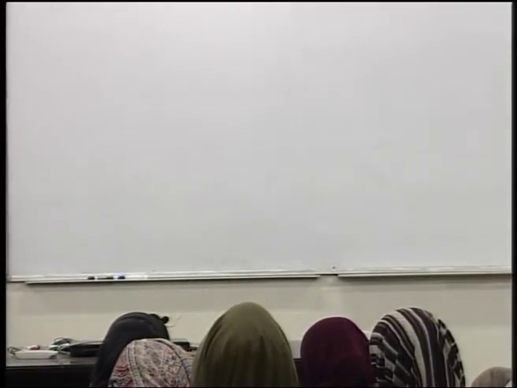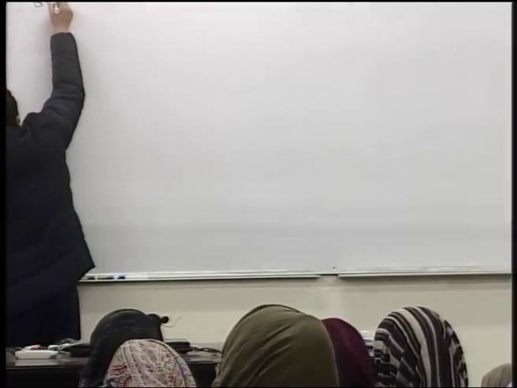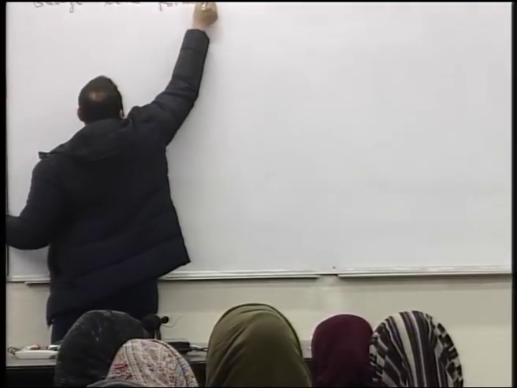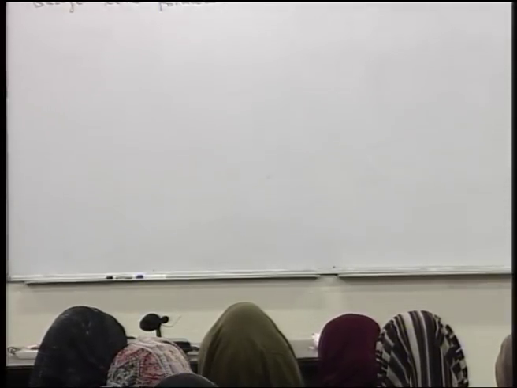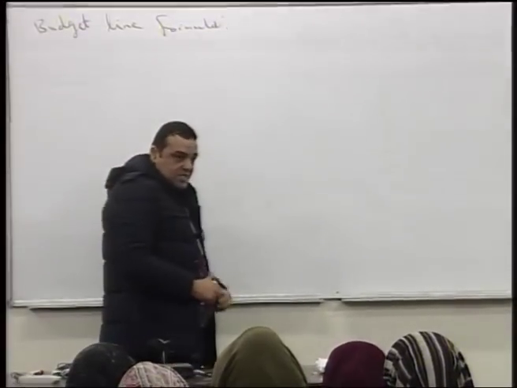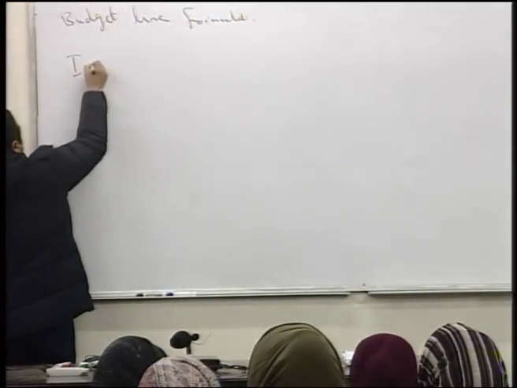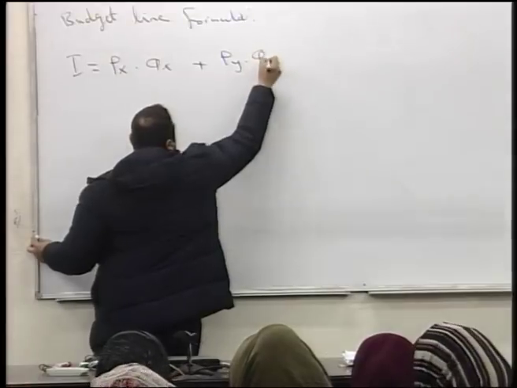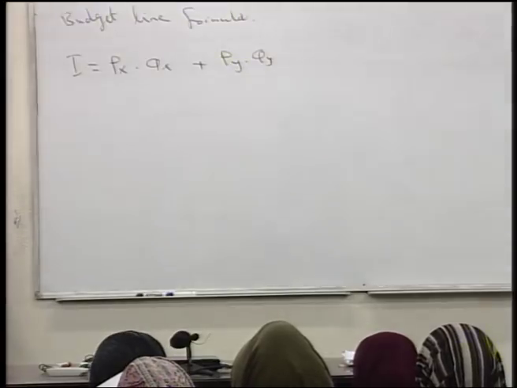Budget line formula, or equation. As you know, the second condition of the consumer equilibrium, the second order condition, was income equals the price of X times QX plus the price of Y times QY. Remember it?